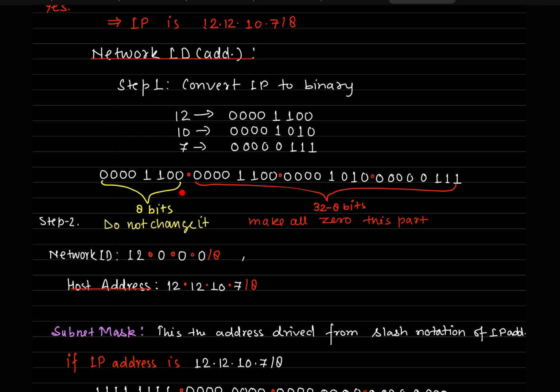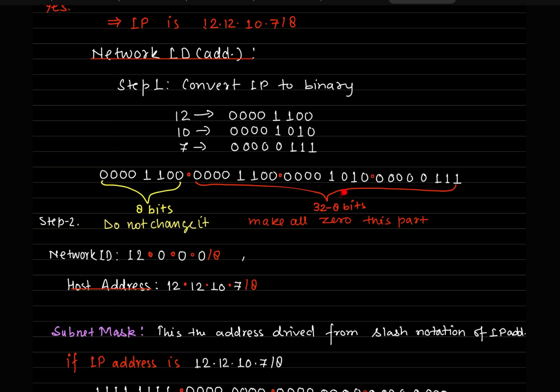For the first 8 bits you do not change anything. The remaining bits you make all 0. What do you get as a result? Since we are not changing the first bits, in decimal you get the same number 12.